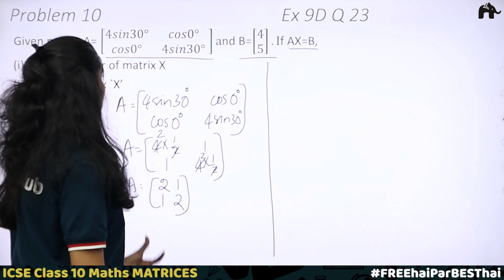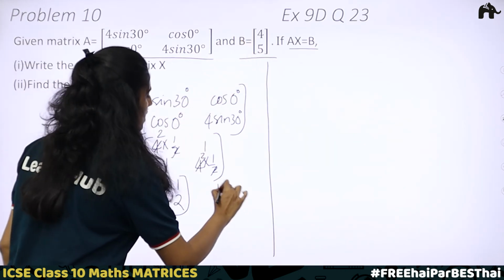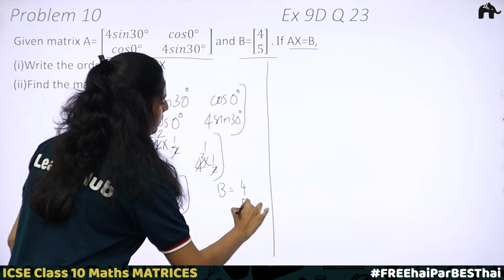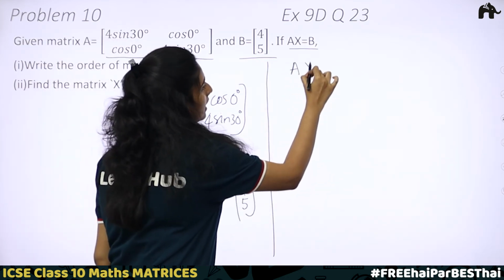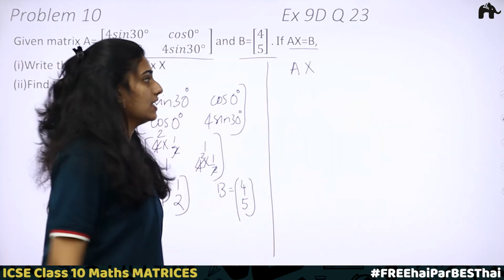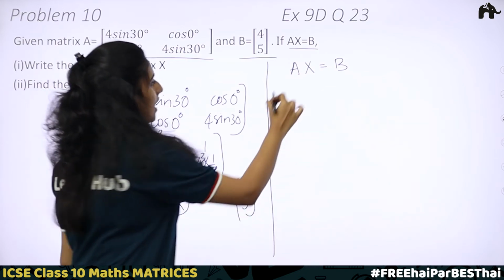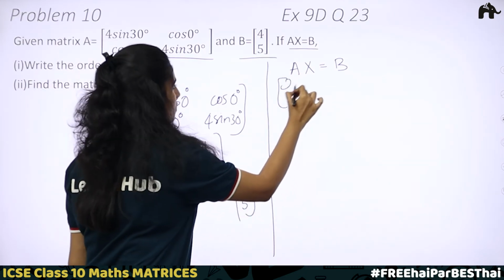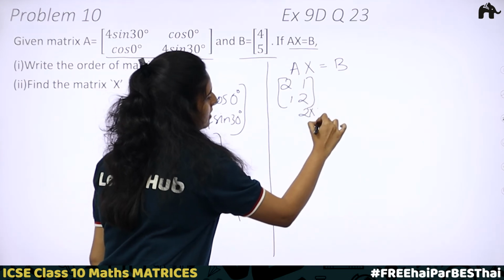Now it is given that B is equal to [4, 5]. Matrix B is equal to [4, 5], and the product of matrix A with an unknown matrix X will give us B. What is A? A is equal to [2, 1; 1, 2]. This is a 2 by 2 matrix.